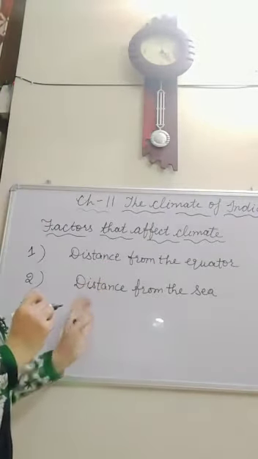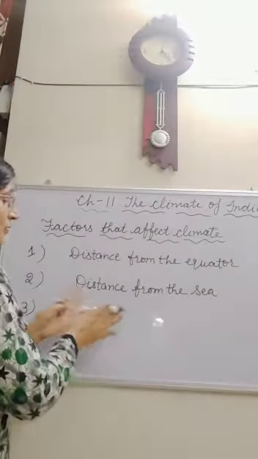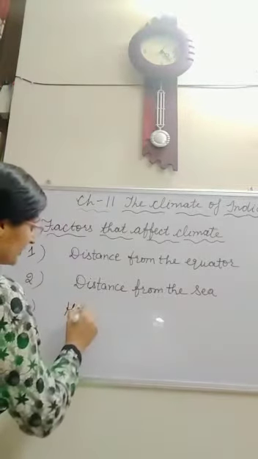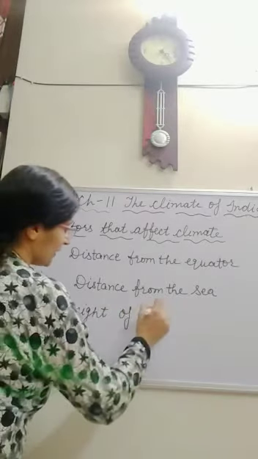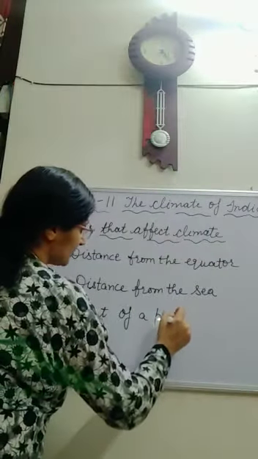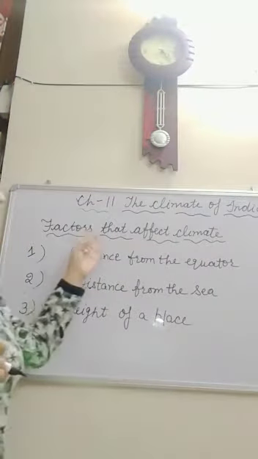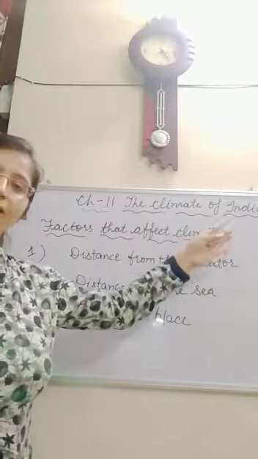And the last factor is altitude or elevation, or in other words, the height of a place. So dear children, we will discuss these various factors that affect the climate of a place.